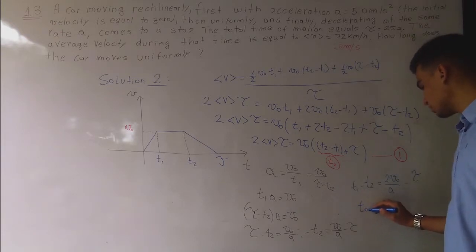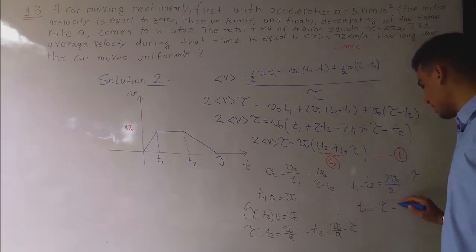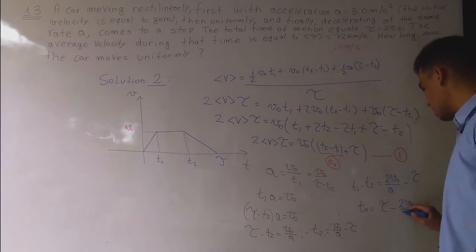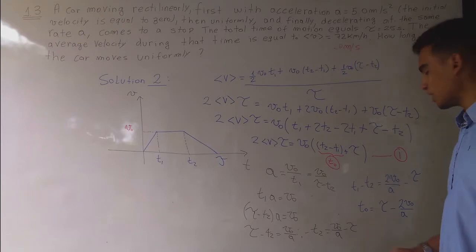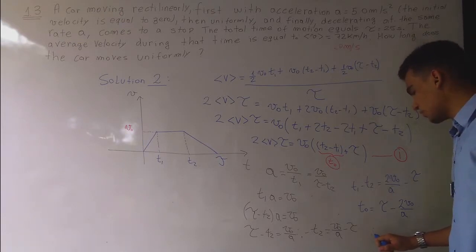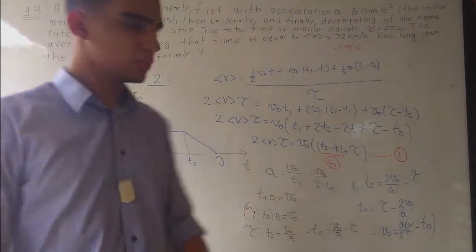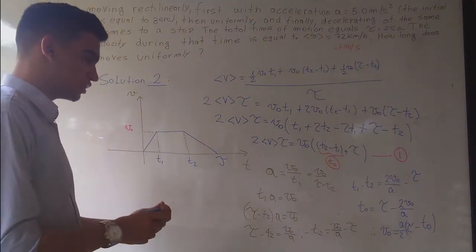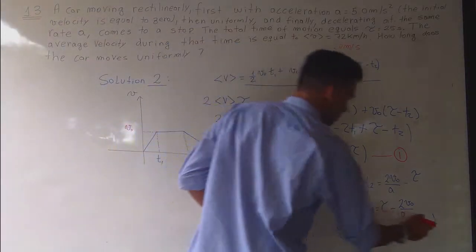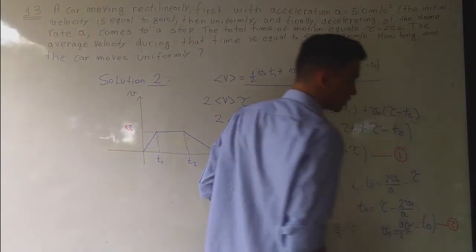So T naught is equal to tau minus 2V0 upon A. And then solving for V0 is equal to tau minus T0, all of this multiplied by A upon 2. So this is our last equation, and we just need to put that here in the first equation.